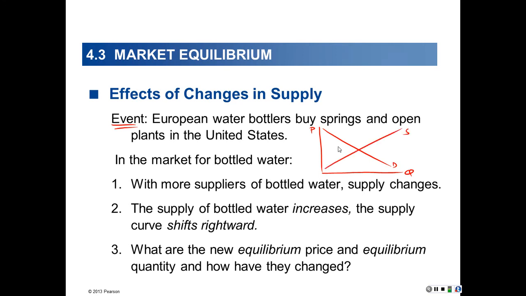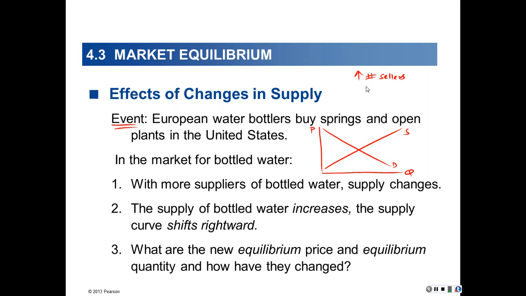Now, when you have an increase in the number of sellers, which curve is affected? Demand or supply? Supply. Yes. If you remember, that was the next to last point on the slide that discussed factors causing shifts in the supply curve, correct?